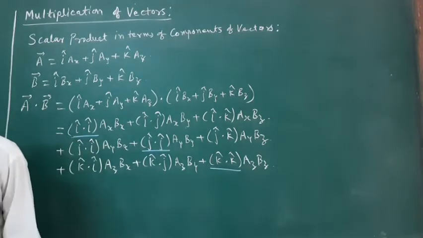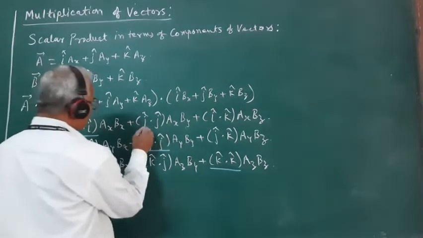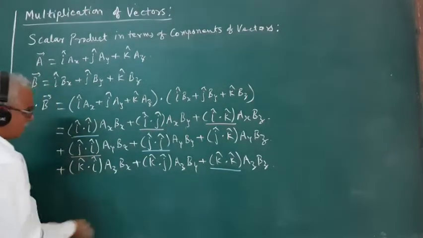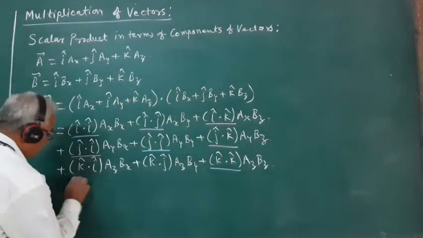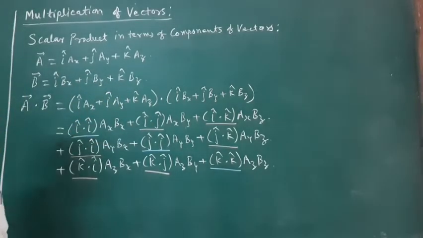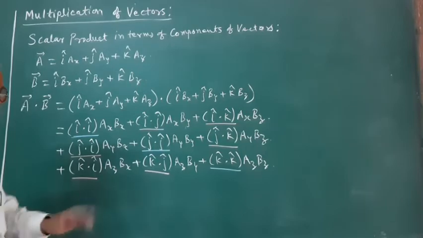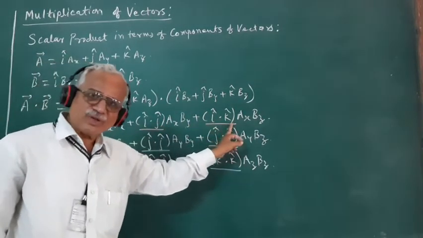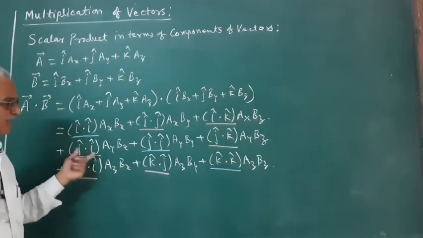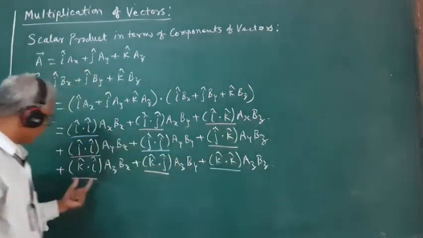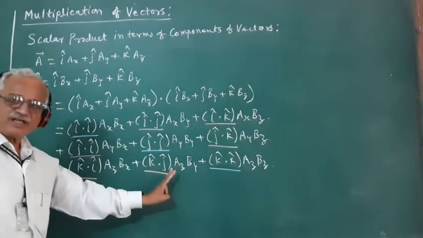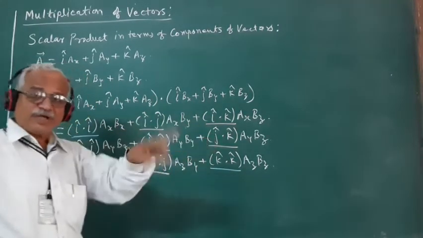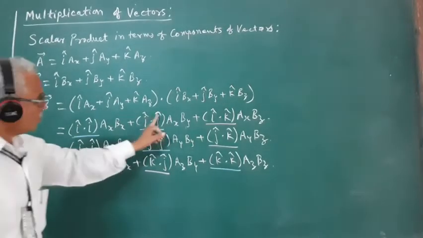The dot products of the remaining unit vectors, that is i dot j, i dot k, j dot i, j dot k, k dot i, and k dot j, are all equal to 0, because i and j are mutually perpendicular to each other, i and k are mutually perpendicular, j and k are perpendicular, and k and i are perpendicular, so the dot product of these perpendicular unit vectors is equal to 0.